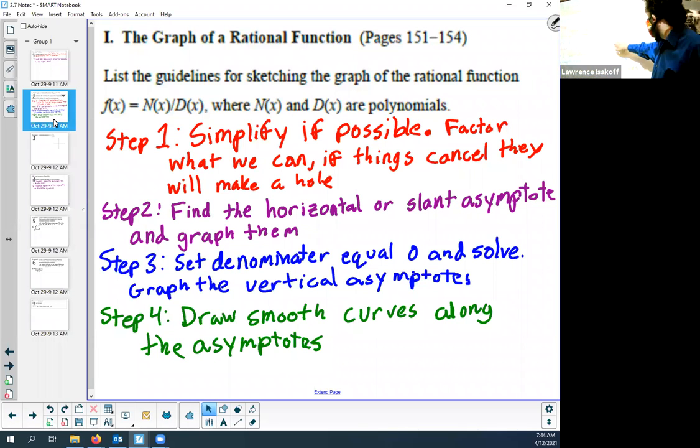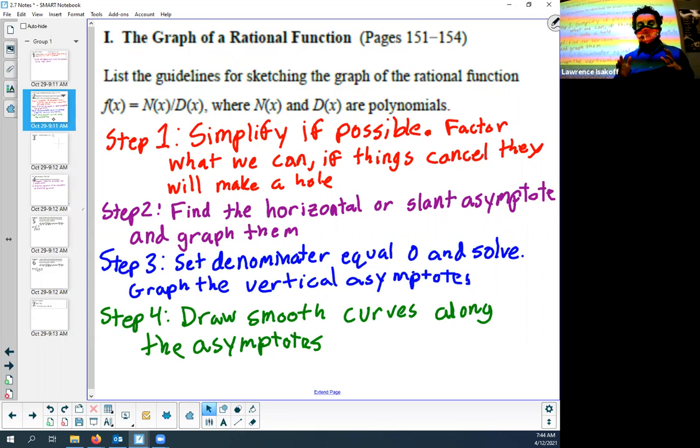Next, find the horizontal or slant asymptote and graph them. Then we are going to set the denominator equal to 0 and solve, and graph the vertical asymptotes. So we're going to graph all the asymptotes before we actually graph the smooth curves along the asymptotes. That's our last step.